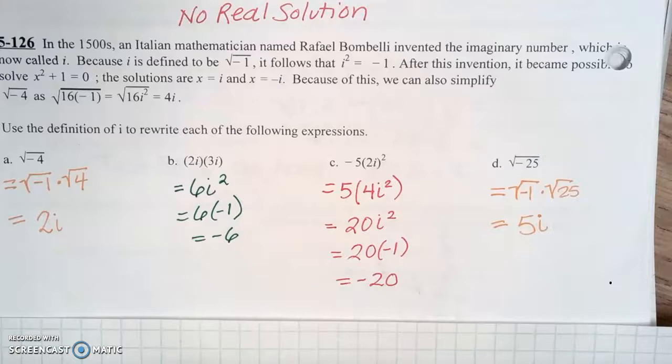Part C. We have negative 5 times 2i squared. Order of operations in this case says that we need to do the exponent first before we multiply. So we need to square that 2i. That means to multiply 2i times 2i.